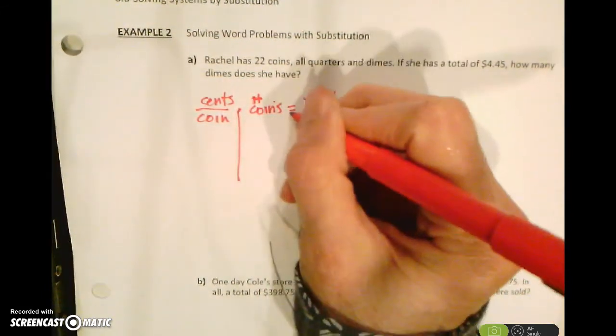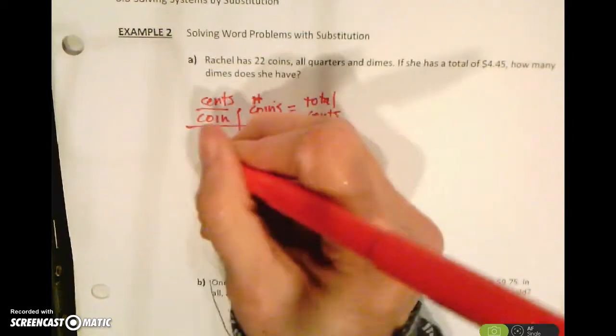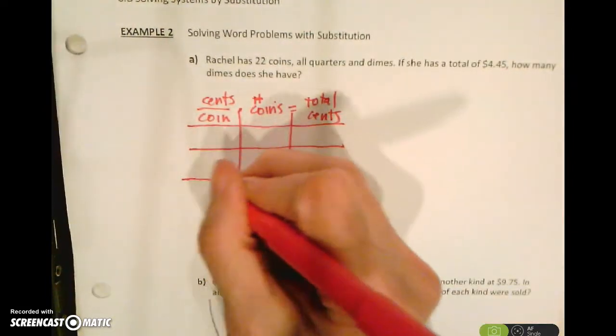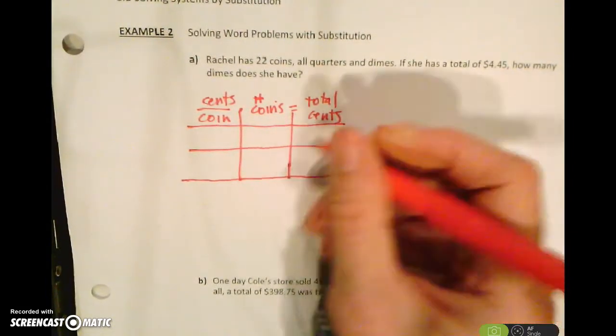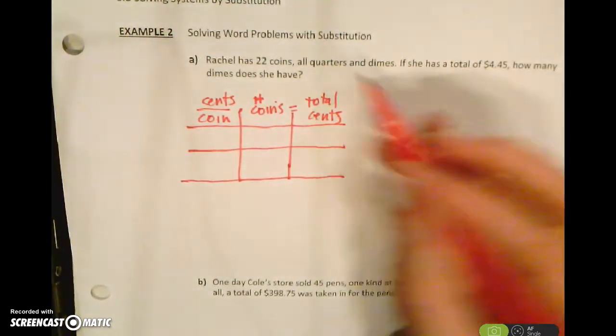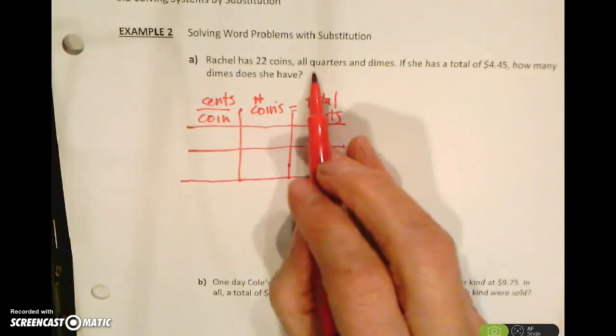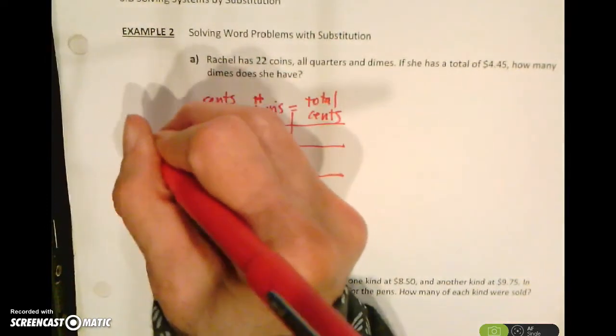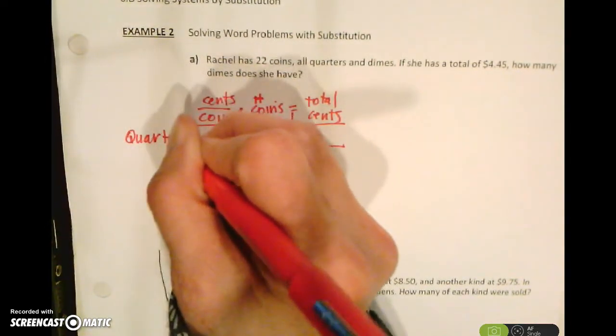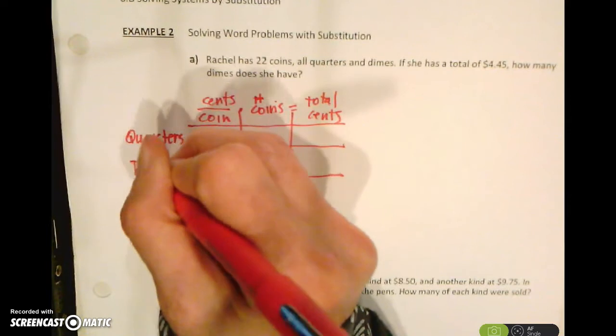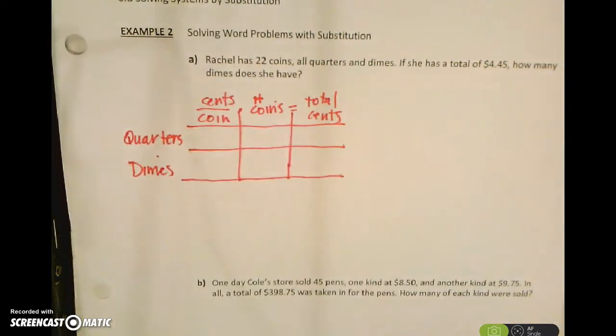So then I'll just form a chart here. And once you get used to these types of equations, you won't necessarily need a chart. In this problem, the players are quarters and dimes, so I've got quarters and dimes taking part.